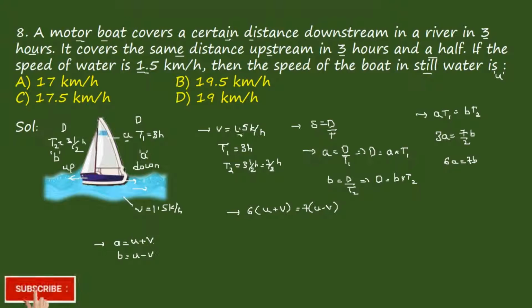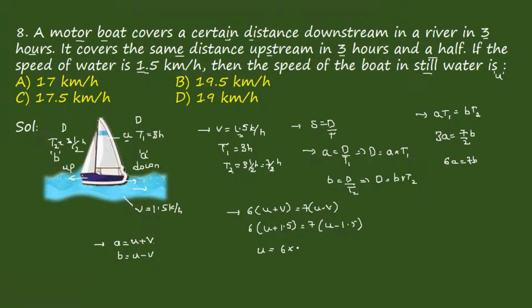But here the V value is given. When you substitute the value here, then you get 6 into U plus 1.5 is equal to 7 into U minus 1.5, right. 6U, 7U, it becomes U is equal to 6 into 1.5 plus 7 into 1.5, right?